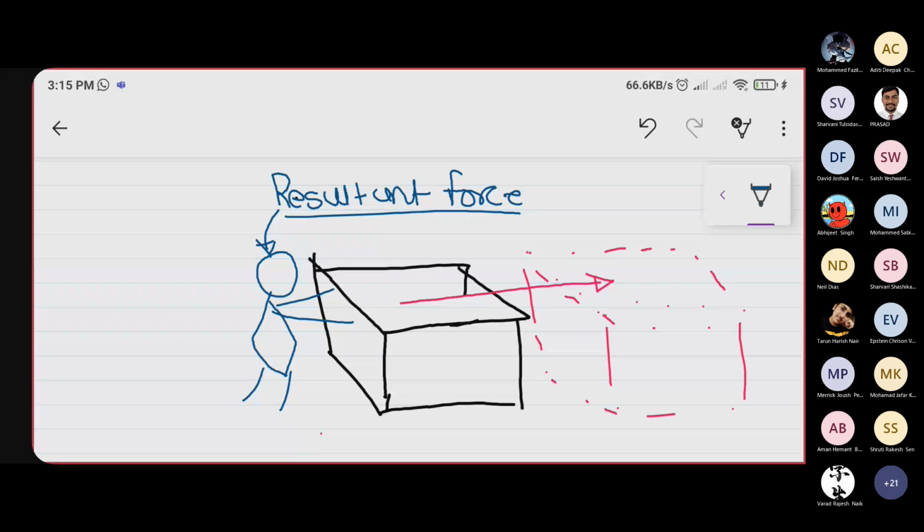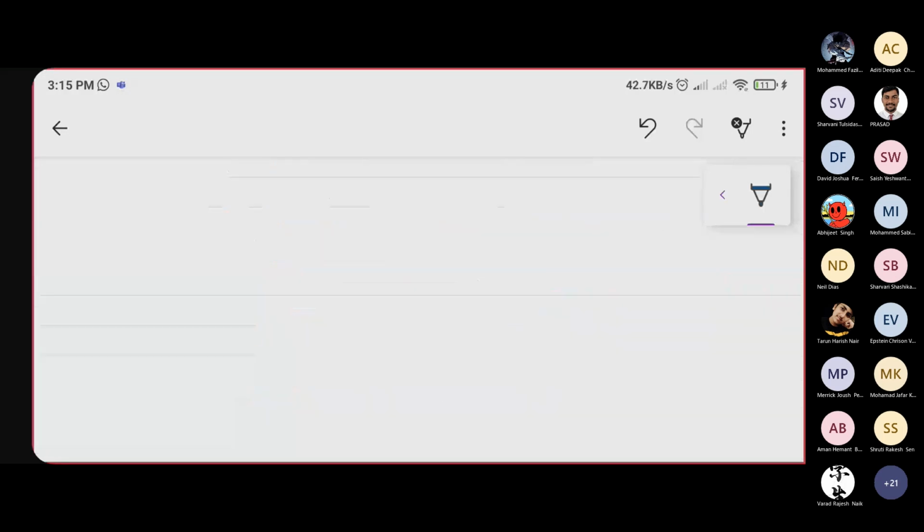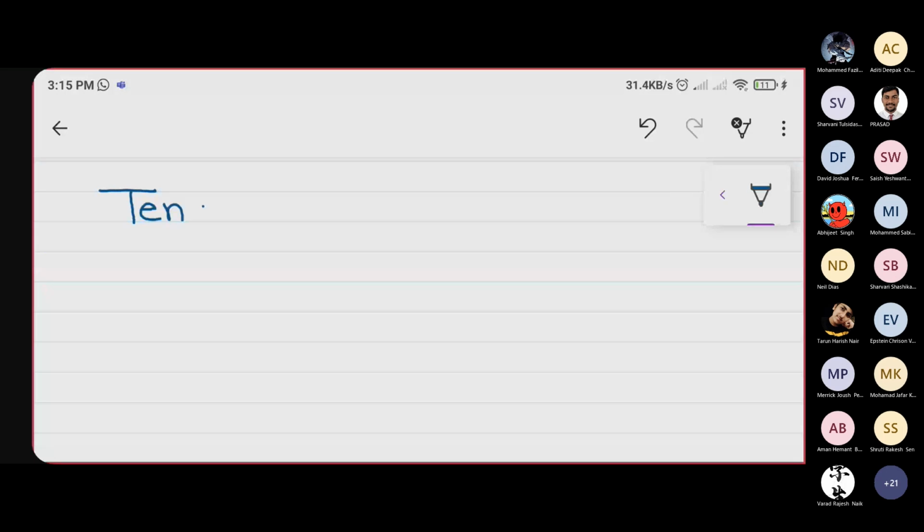It means instead of all forces, it will be the single force which will replace the number of forces within the system. Okay, now I will tell you different types of forces. So another is a tensile force.